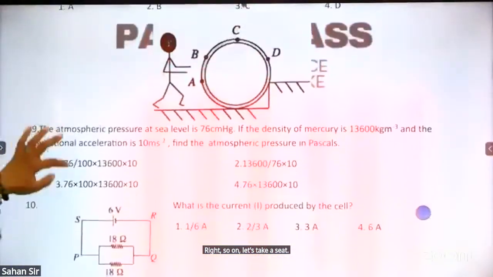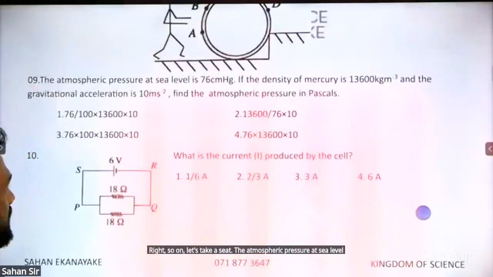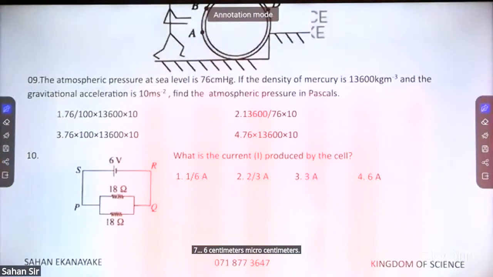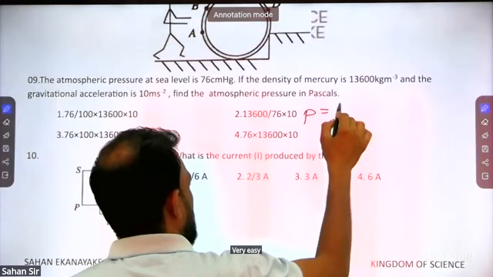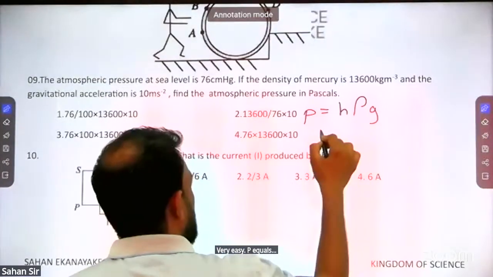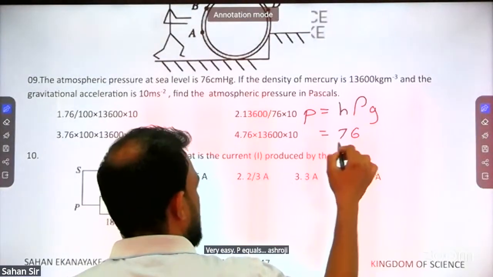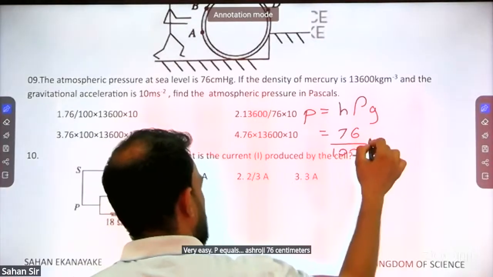The atmospheric pressure at sea level is 76 centimeters of mercury. If the density of mercury is 13,600 and the gravitational acceleration 10, what is the pressure in Pascal? P equal h rho g. 76 centimeters, so convert to meters.